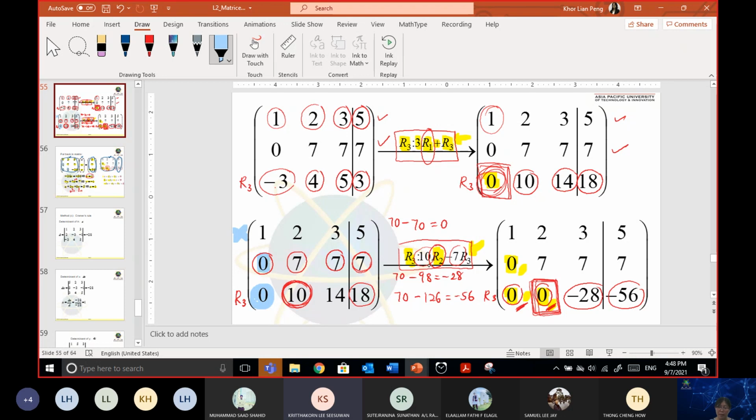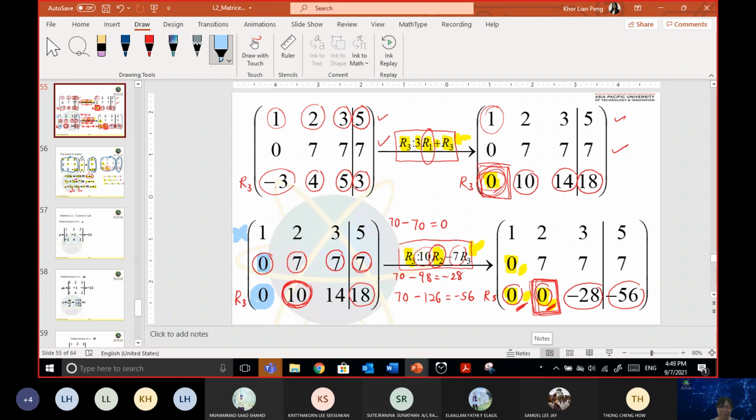Yes, this one you come up with yourself, because it will not always be the same. It depends on the values in the matrix. So you need to figure out what row operation to use until you can get the 3 zeros there.